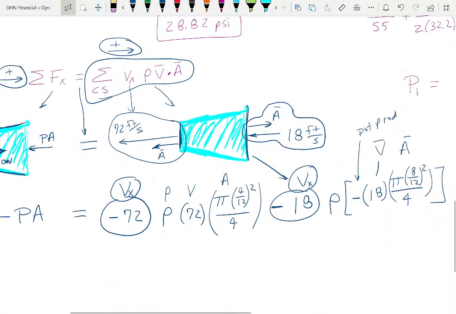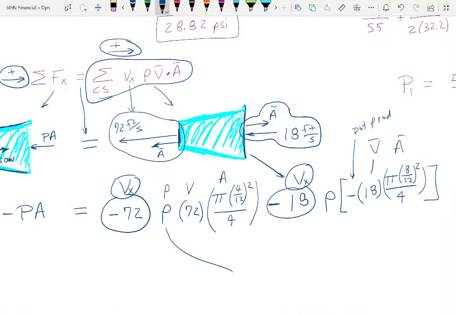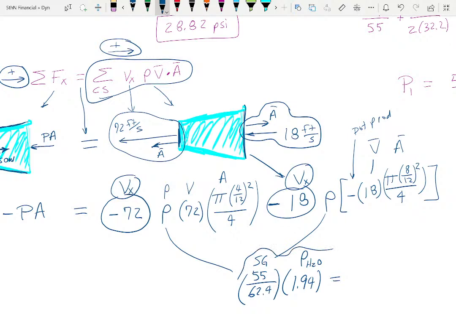So in other words, these two numbers should be 55 over 62.4. That'll give me the specific gravity times 1.94, and that's the rho of water. So this will give me the density of the oil.